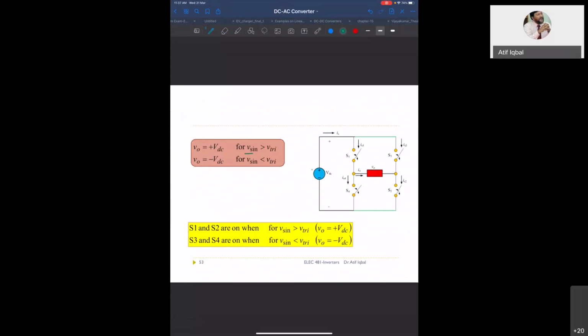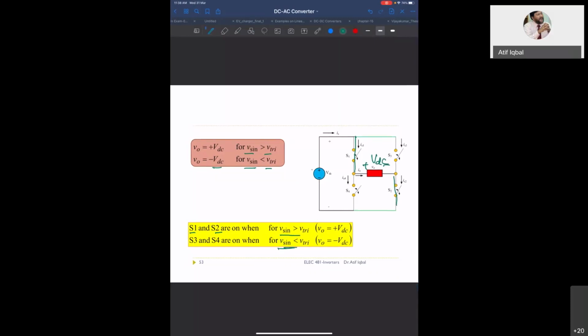So you get output as plus VDC when your sine voltage is greater than your triangle, and you get minus VDC when sine is less than the triangle. So S1 and S2 are on when your sine wave is greater than the triangle, and you get plus VDC as your output.